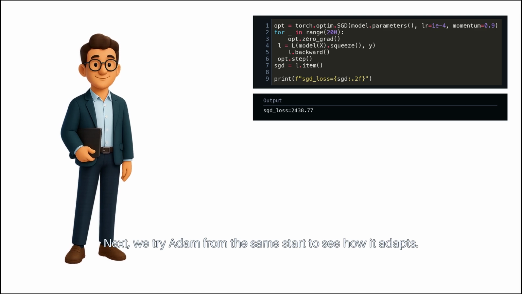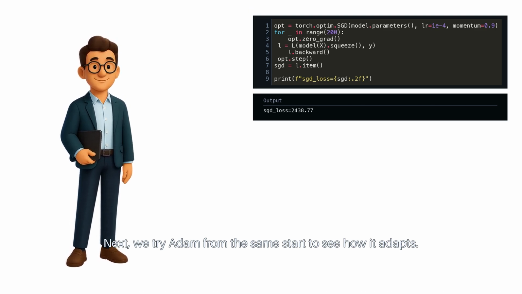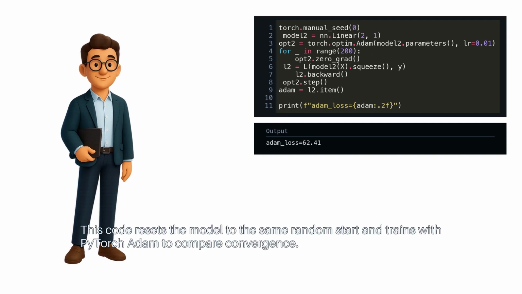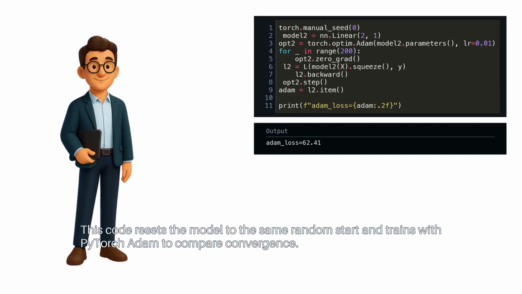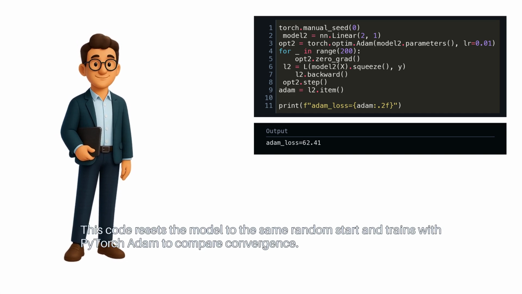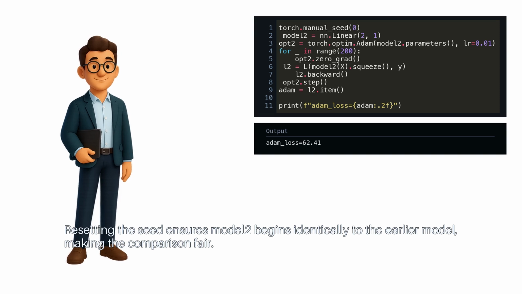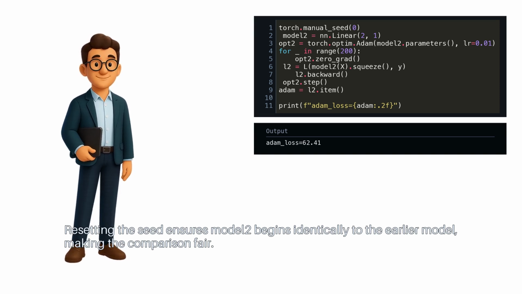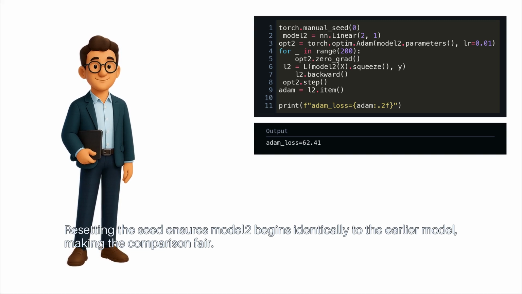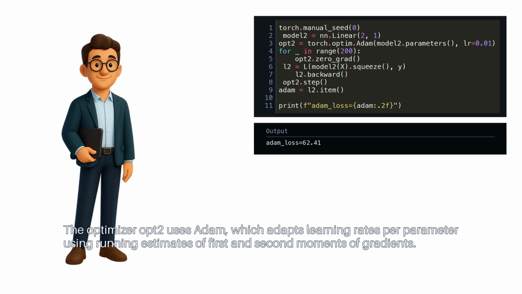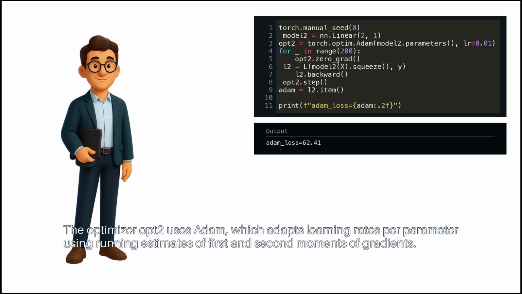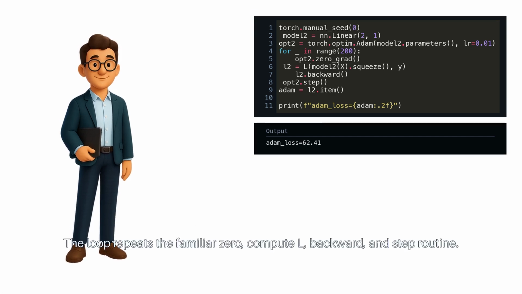Next, we try Adam from the same start to see how it adapts. This code resets the model to the same random start and trains with PyTorch Adam to compare convergence. Resetting the seed ensures Model 2 begins identically to the earlier model, making the comparison fair. The optimizer opt2 uses Adam, which adapts learning rates per parameter, using running estimates of first and second moments of gradients. The loop repeats the familiar zero, compute L, backward and step routine.